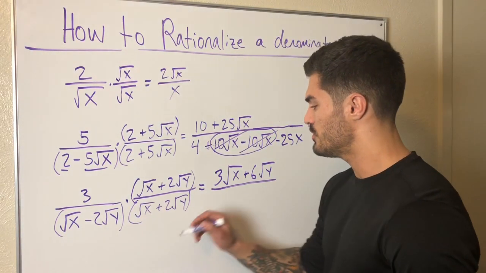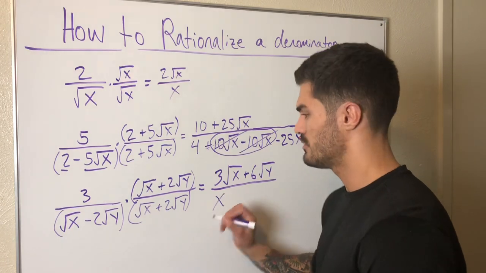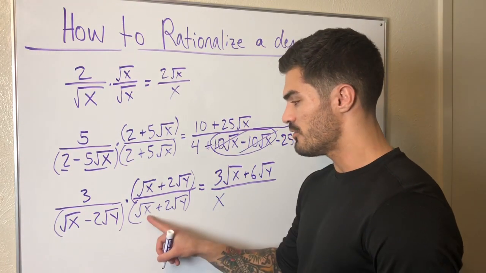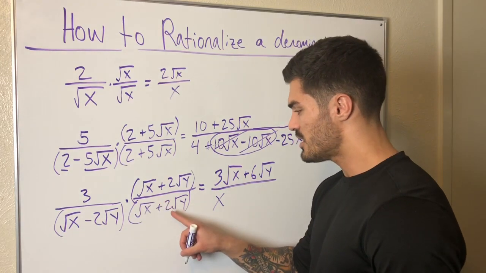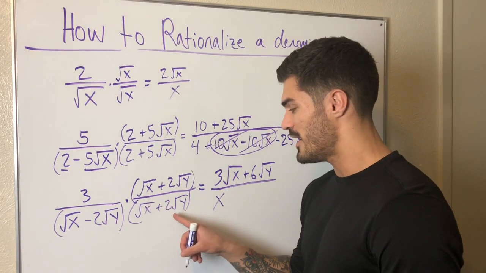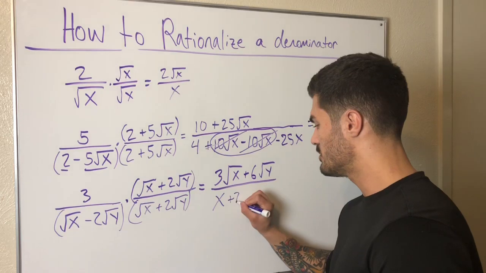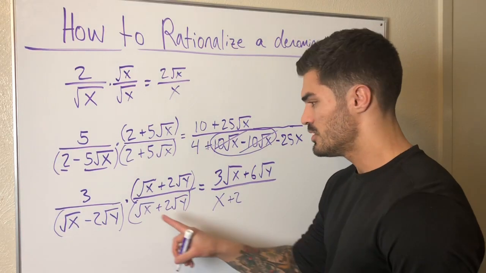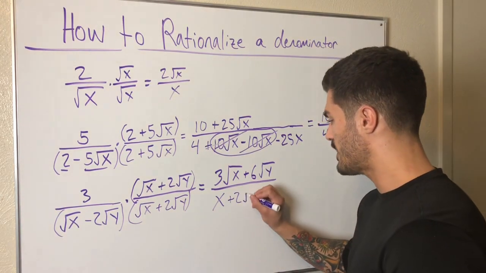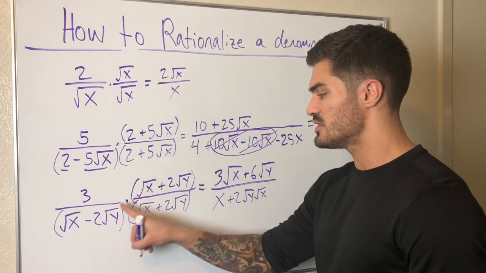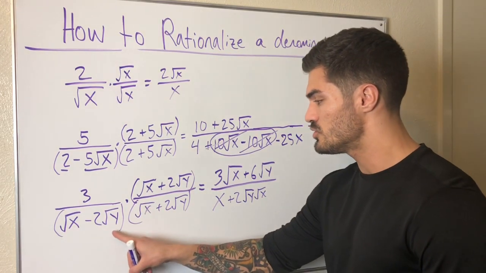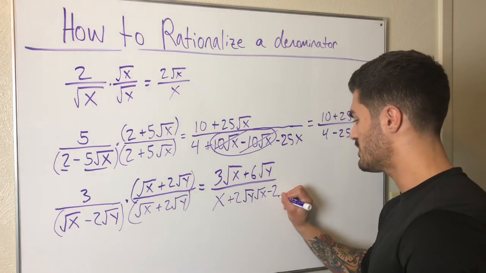Square root of x times square root of x, that gives me x. And look, that radical we already got rid of, I think. Square root of x times 2 square root of y, that's plus 2 square root of y square root of x, basically. And I believe this is going to end up canceling when we do this next term. Minus 2 square root of y square root of x. Yeah, so these are going to cancel.